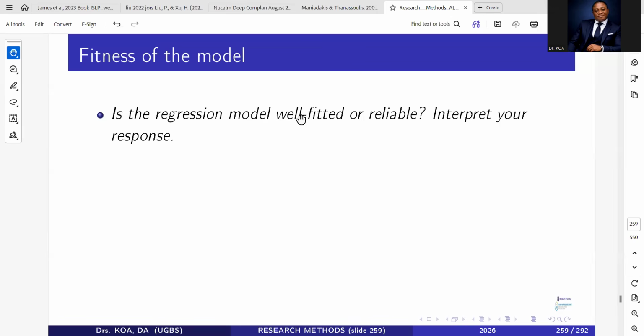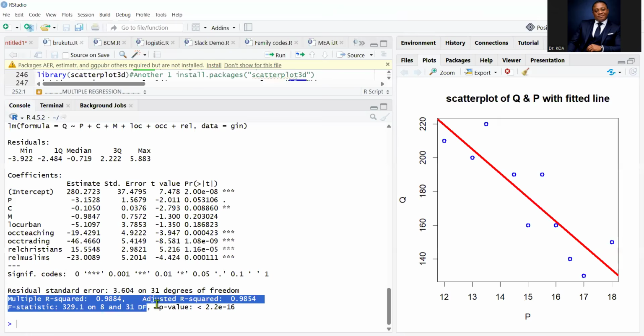So, is a regression model well fitted? You have to use something that is known as the multiple R squared to answer that. The multiple R squared is also called the coefficient of determination. So what is a multiple R squared?